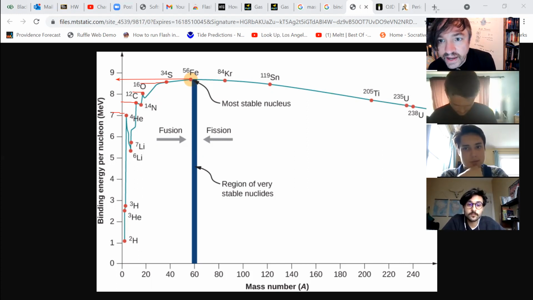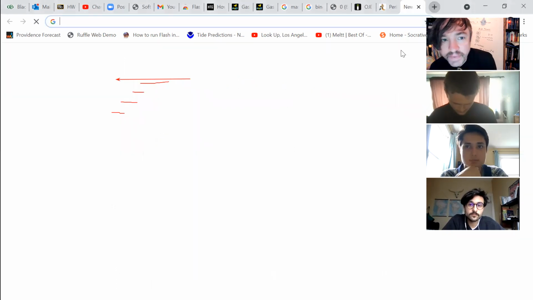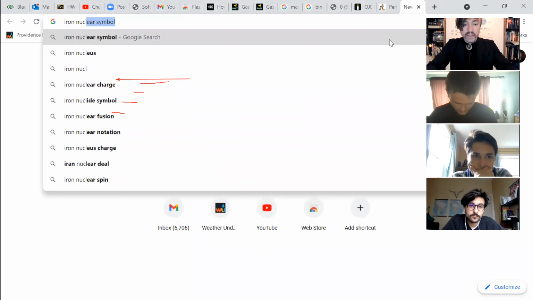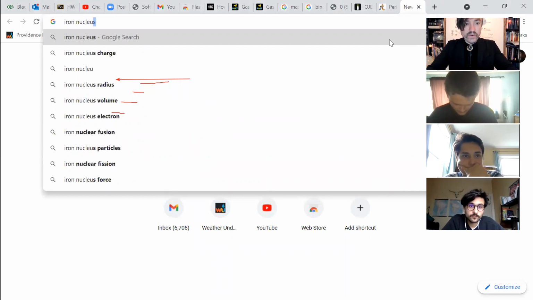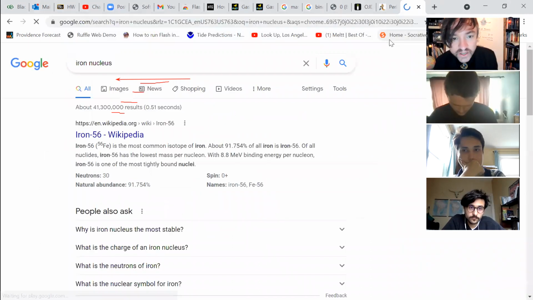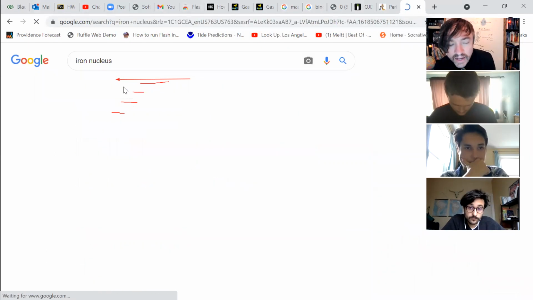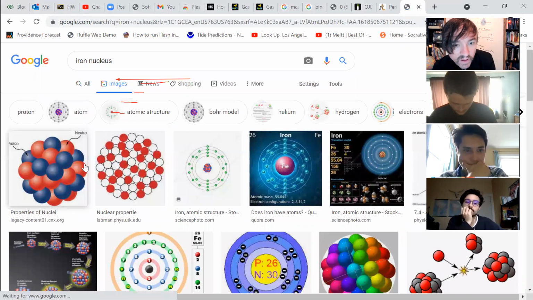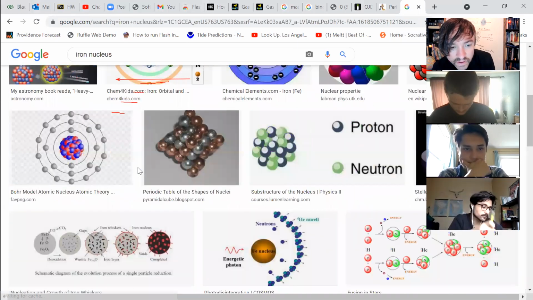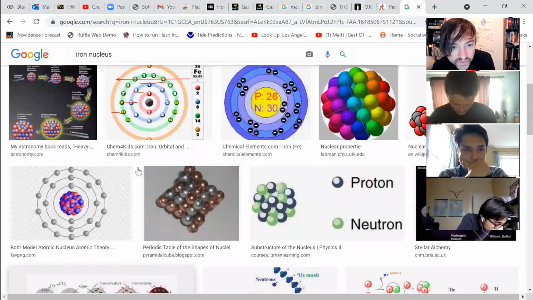Iron is what's known in nuclear physics. Let's look at an iron nucleus together. An iron nucleus is called a magic nucleus. Iron-56, the most stable of all isotopes, has, I think, 26 protons and 30 neutrons.